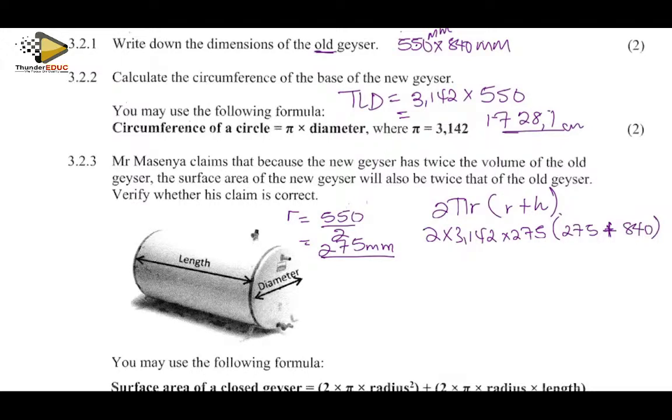So we substitute and see 2 times 3.142 times 275. We're looking at surface area. So this was the old one. Let's look at the surface area of the new.